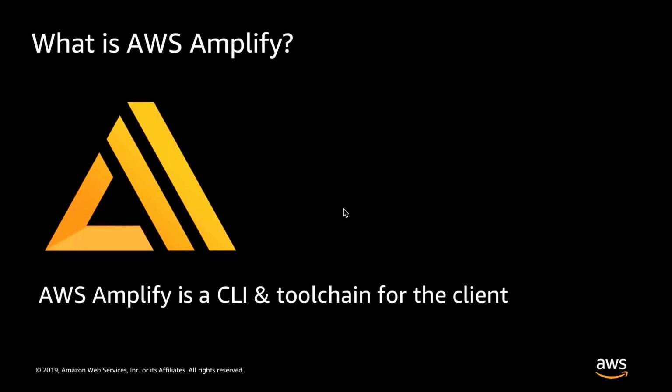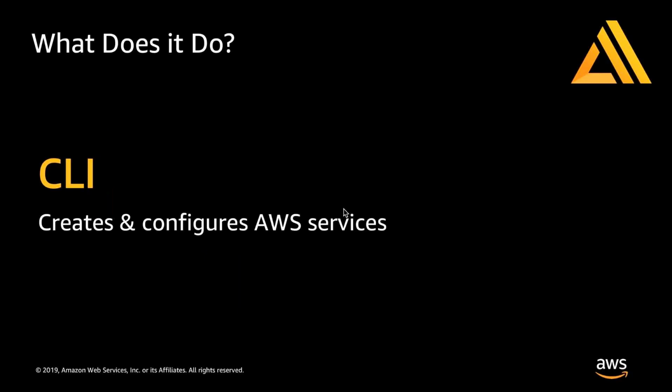What is Amplify? If you're here, you probably already have a general understanding, but if not, we'll give a quick overview. It's a CLI and a tool chain for the client, and there's also the Amplify console, which we're not covering here, but the Amplify console is a hosting platform. The CLI is a command line interface, of course, and it allows you to create and configure AWS services directly from your front-end environment or from your terminal, or from Cloud9 also.